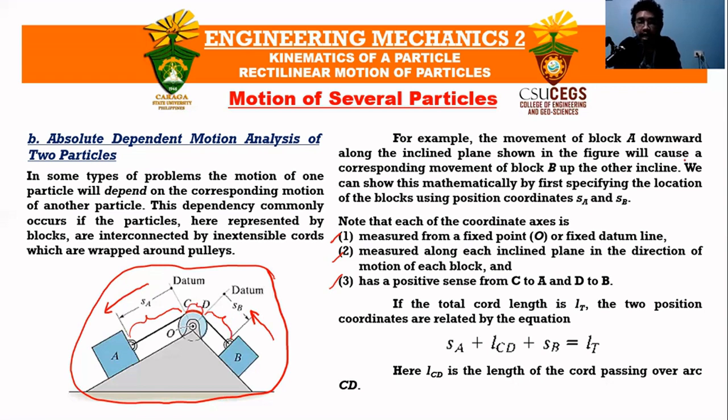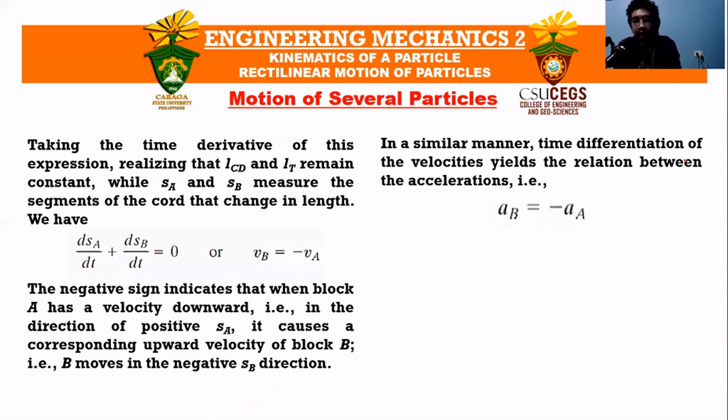Here LCD is the length of the cord passing over arc CD. Taking the time derivative of this expression, realizing that LCD and LT remain constant while SA and SB measure the segments of the cord that change in length, we have this equation.